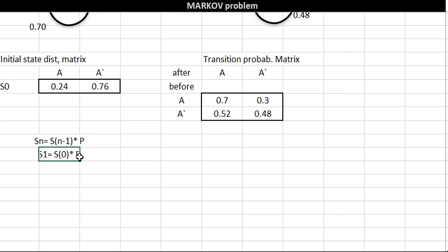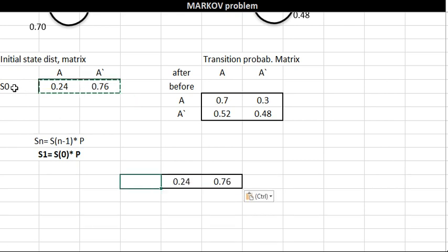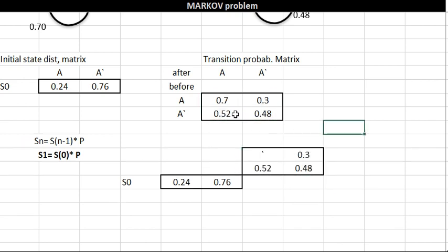This is now our formula. For us to get that, your S0 could be multiplied by this matrix. Diba? This is your P. S0 times P daw.